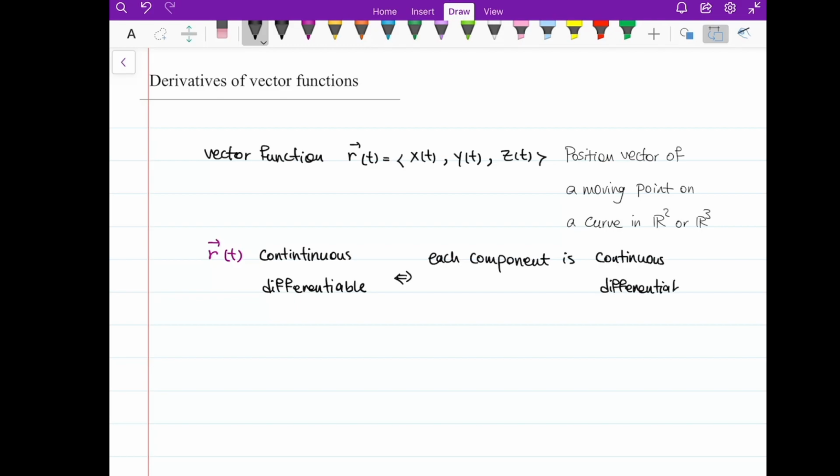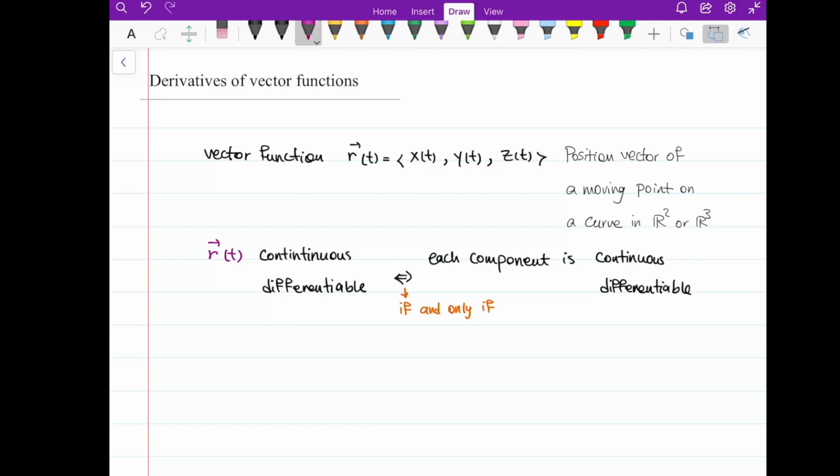So when we want to check that a vector function is differentiable, all you need to do is to check whether each of the components is differentiable or not. If you want to check that r of t is continuous, you just need to check if each of the components is continuous or not. And this notation here is if and only if. What it means is that if each of the components is differentiable, then the function is differentiable. If the function is differentiable, each of the components is differentiable.